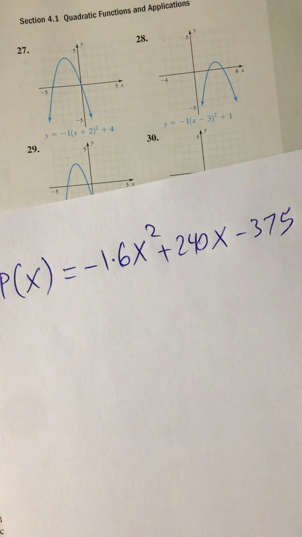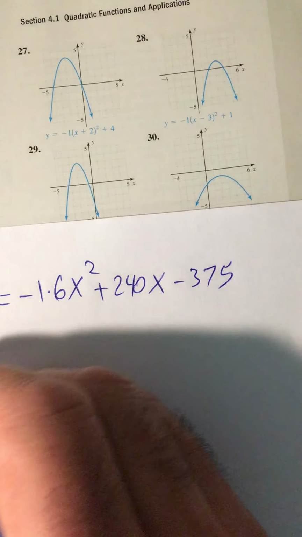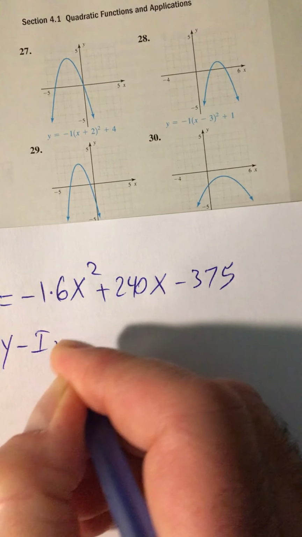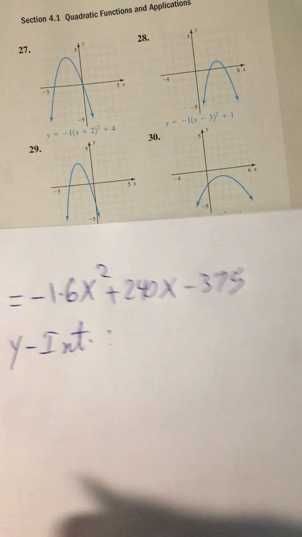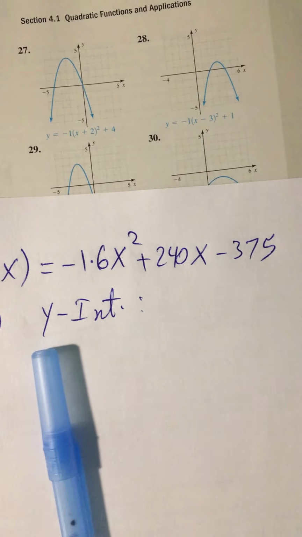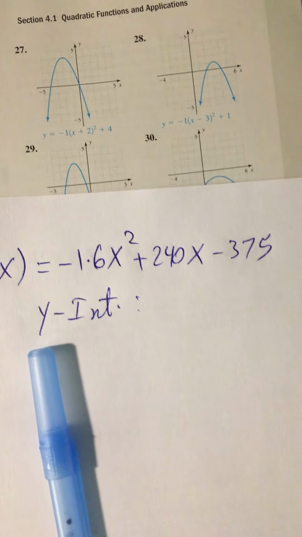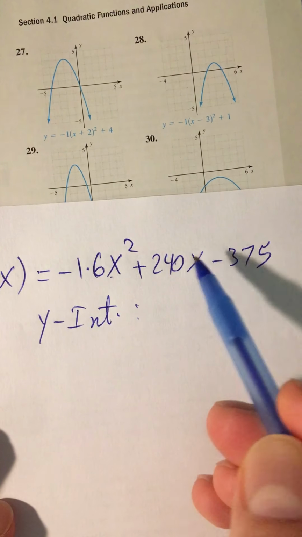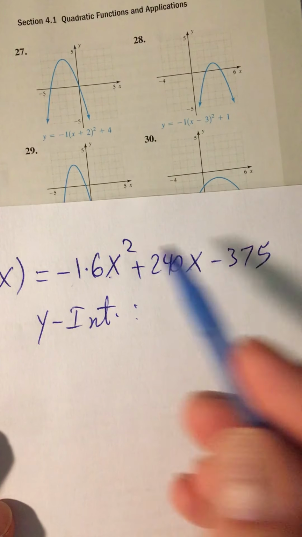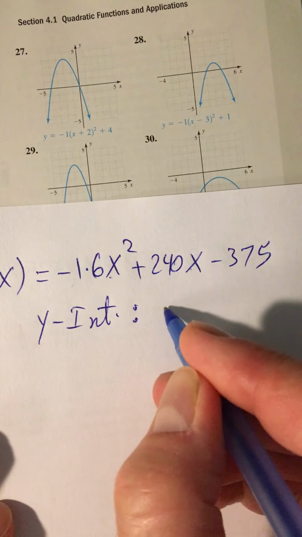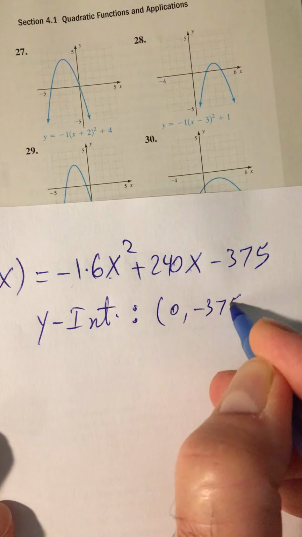So it says, what is the y-intercept? So part A, what's the y-intercept? Take a look at it for a second and tell me, how do we calculate the y-intercept? Y-intercept means when the x value is 0, right? So if I plug in a 0 here and a 0 there, what happens? These guys cancel out. So the y-intercept is 0, negative 375.